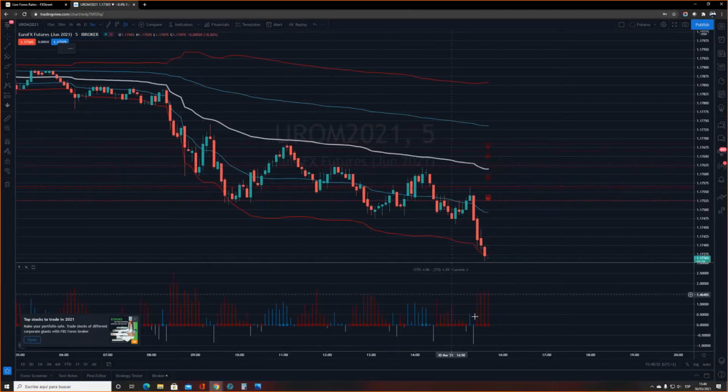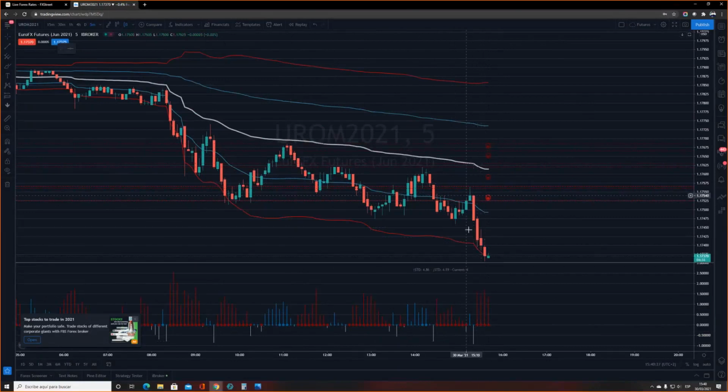Okay, and also we can see here the climate indicator, which just indicates whether it's a downtrend or uptrend. We can see that it's red, and it has these dots that are bigger than these blue ones. So it confirms that we are in a downtrend here.